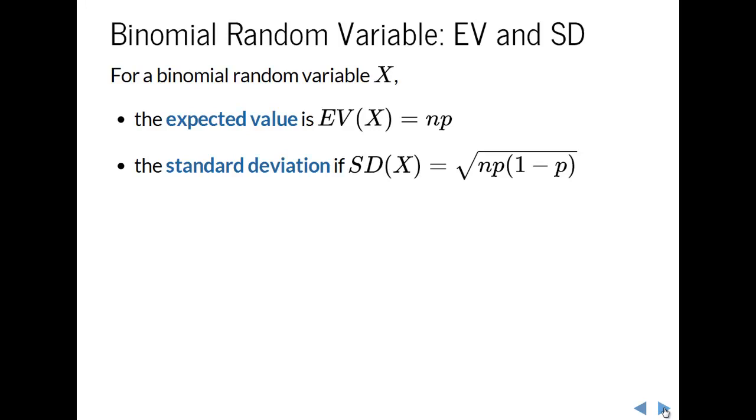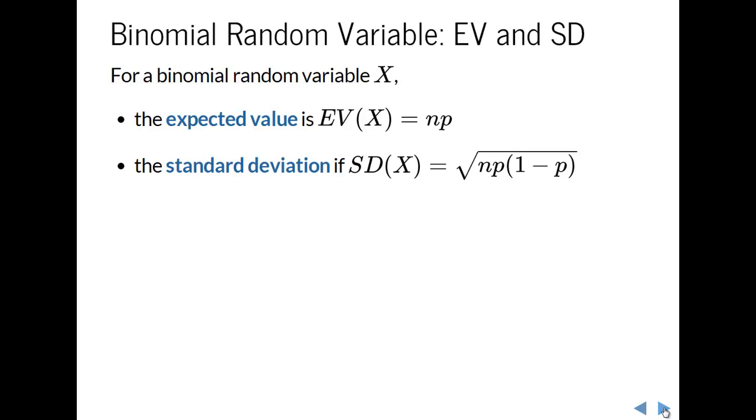Just a few last details about the binomial random variable. We talked earlier about computing expected value and standard deviation for a discrete random variable. Well, if we're dealing with a binomial random variable, we could compute expected value and standard deviations like we showed before. However, there are simpler formulas for expected value and standard deviation that you can use if you know you are dealing with a binomial random variable.